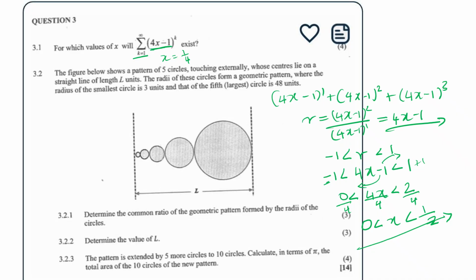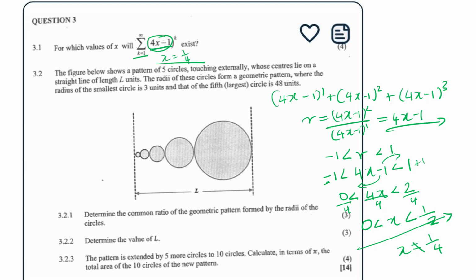Therefore now we have to exclude, because now it will exist only from 0 up until 1 over 2, but we have to exclude 1 over 4. We have to exclude 1 over 4 because now if we solve this, we're going to end up with x is equal to 1 over 4. Therefore now it won't exist on this part. Therefore now we exclude 1 over 4.